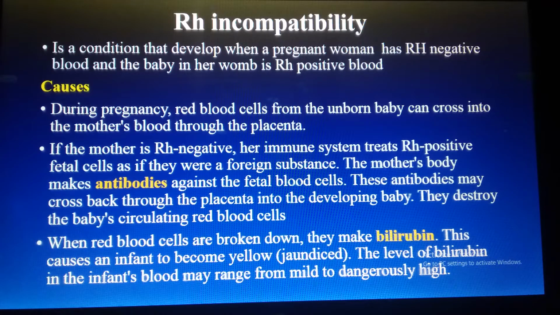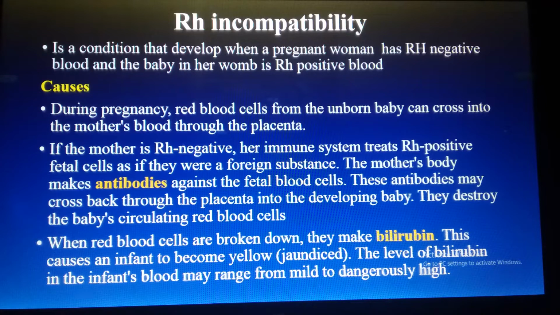The mother may be from A blood group or B, AB or O. But here I am just discussing the Rh incompatibility, not the A blood group, B blood group, O blood group and AB blood group. So here just Rh. So the mother is negative, means no Rh factor on the red blood cells, and the baby in her womb is Rh positive.